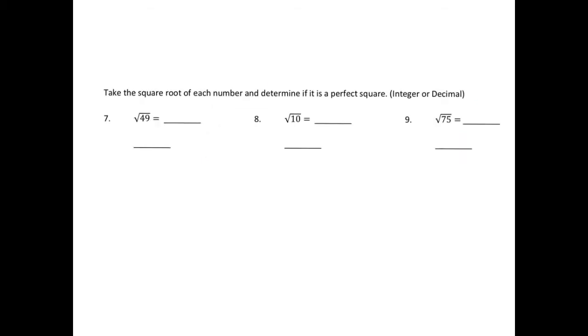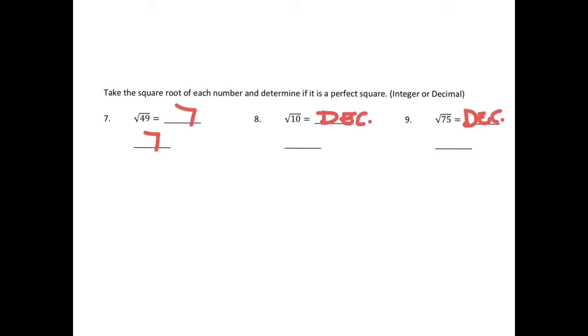Then, we're moving on to this. Take the square root of a number and determine if it's a perfect square or not, integer or decimal. So we know that the square root of 49 is 7. Now when we have the square root of 10, we know this is going to be a decimal. That is the first thing, understanding when it's going to be an exact number or just a decimal. We look at 75, this is still a decimal.